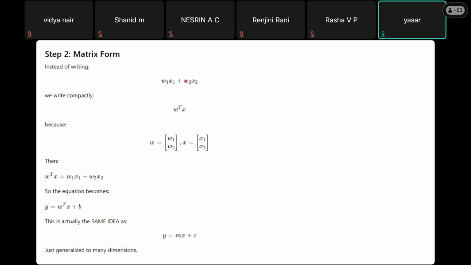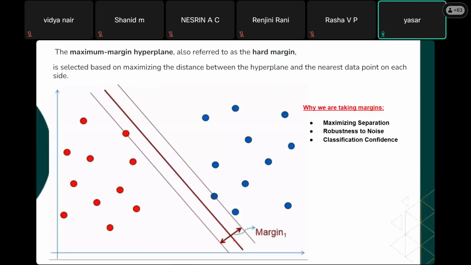Or you can even write it as M1 x1 plus M2 x2 plus etc. up to Mn xn plus C. It's the same idea as y equal to mx plus c. Everyone knows y equal to mx plus c, that's a famous equation to draw a line.